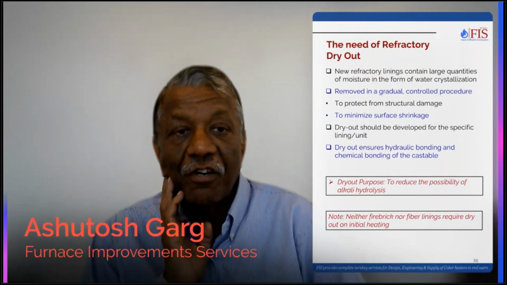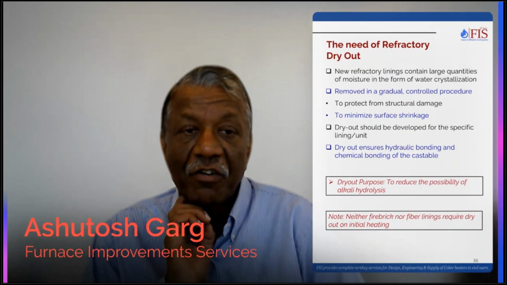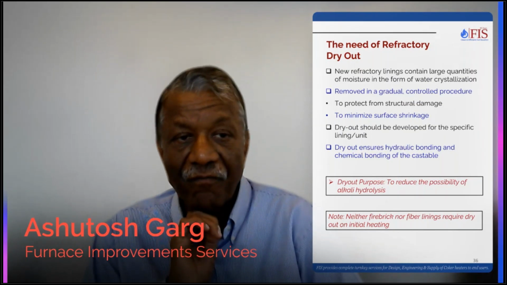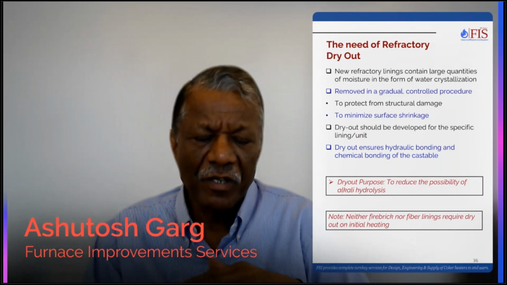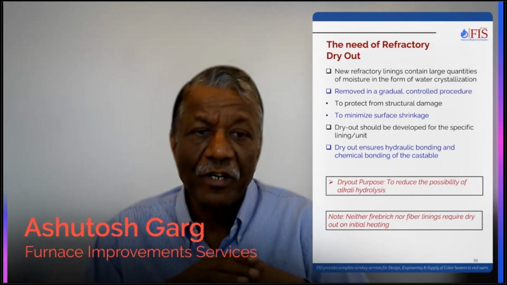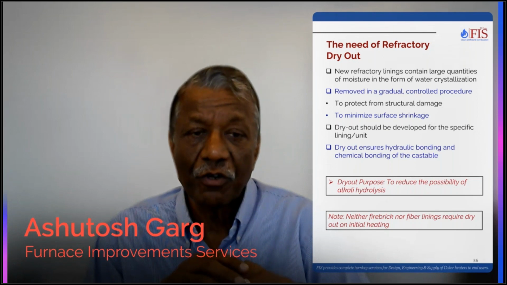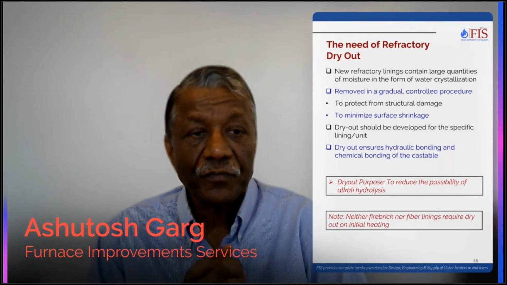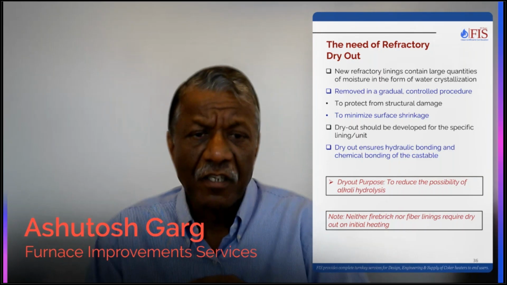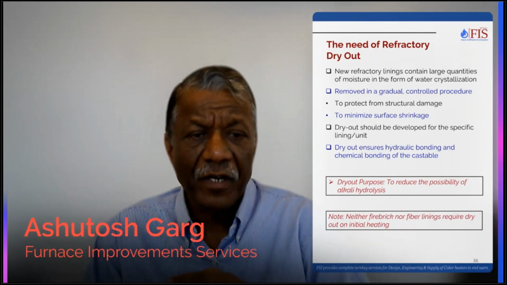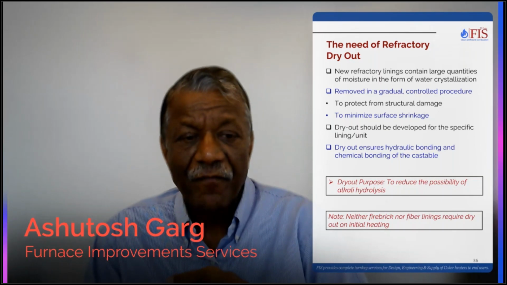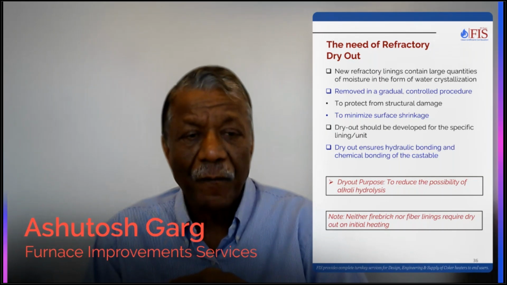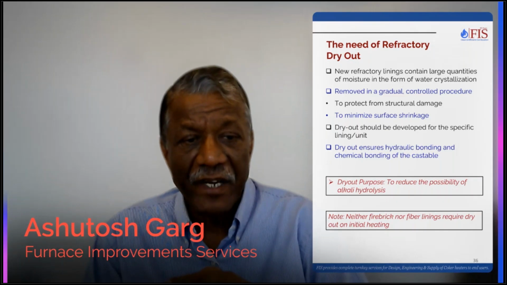So there is a need for drying out the refractory, because it contains a lot of water, and you need to dry it gradually so that you don't damage the refractory when you remove the water. Typically about 50 degrees per hour is the maximum rate specified for castable lining dry out.